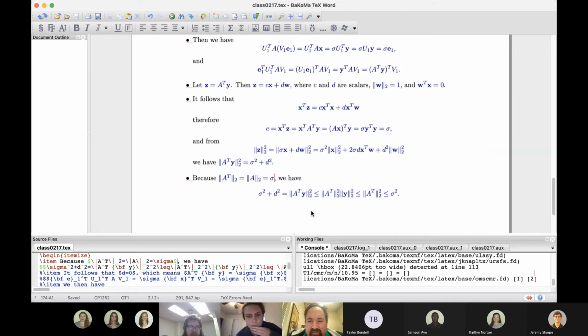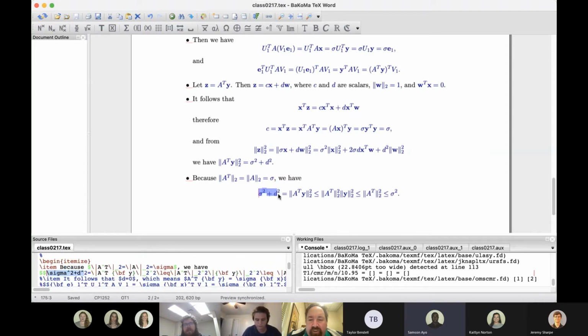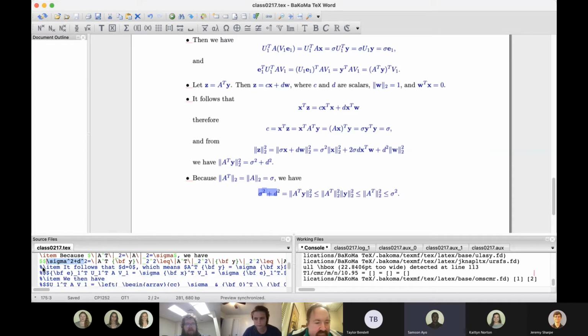It's less than or equal to 0. Yeah, the only way this can happen is for D to be 0, because this term I'm adding on, plus D squared, is going to be positive. If D was non-zero at all, this would be larger than sigma squared, which is a contradiction. Okay.